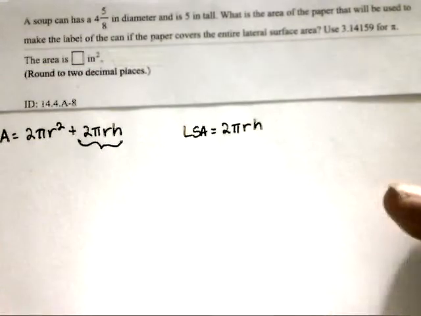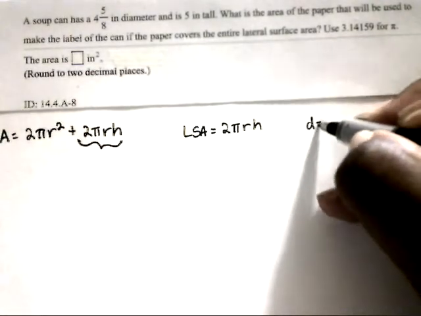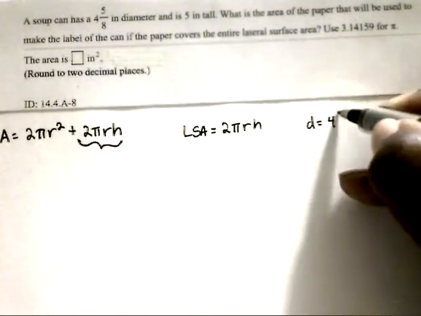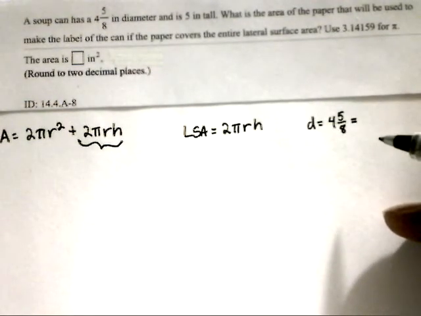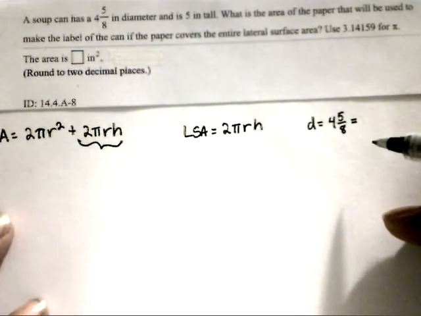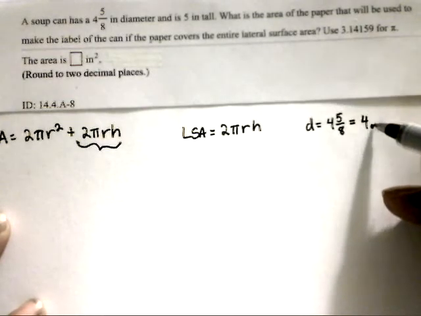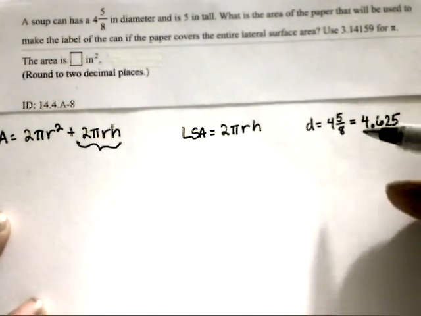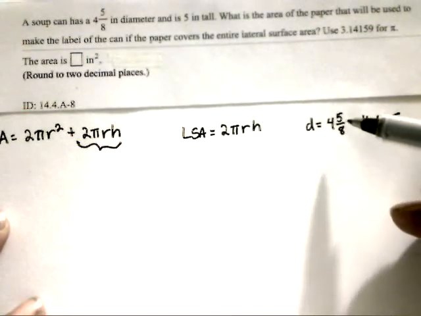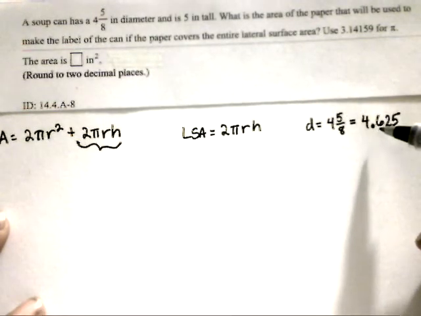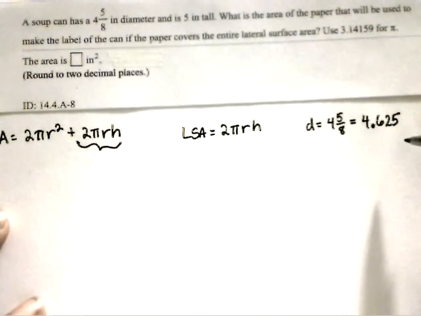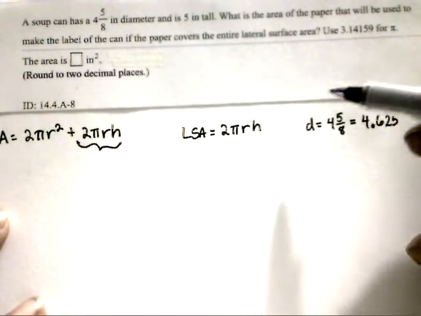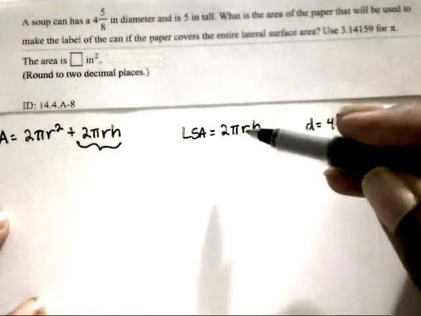Now let's look at what we're given. The diameter is 4 5/8 inches. I'm going to convert 4 5/8 inches to a decimal. That will be 4.625. The way I got that, the 4 is your whole number, so do 5 divided by 8, and you'll get the decimal part, 0.625. So it's 4.625 as the decimal equivalent for 4 5/8, which is your diameter. This formula calls for the radius.